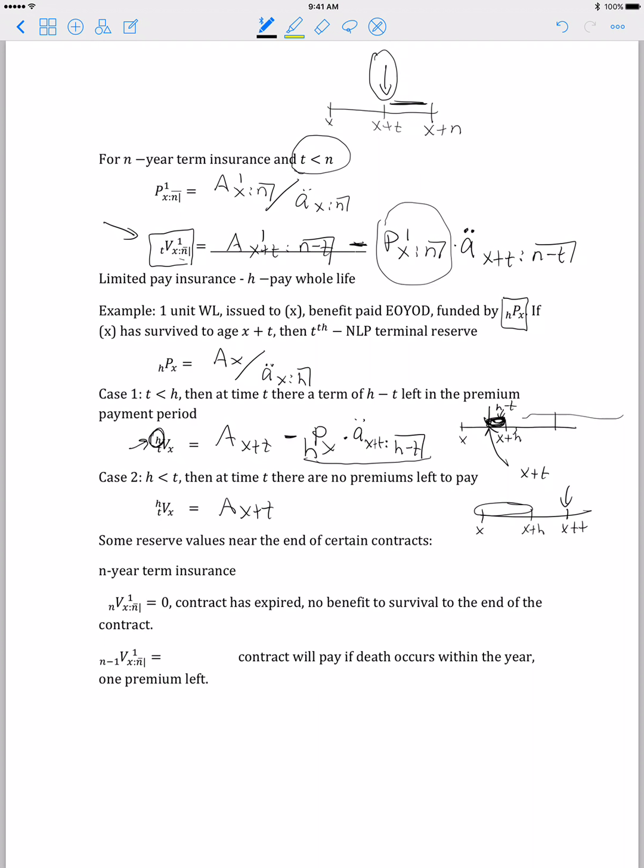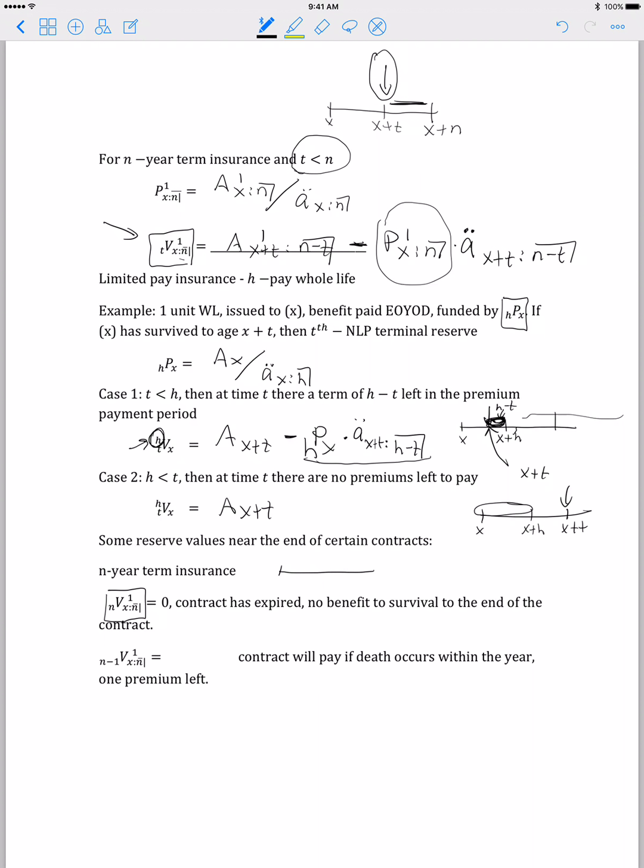Okay, well sometimes it's useful, especially when one is first learning about reserves, to calculate them near the end of certain contracts, and that seems to bring to light, maybe a little more clearly, what we mean by the liability at a certain time. So for example, if we have in-year term insurance, this symbol tells me I want the terminal reserve in years after issue on an in-year term insurance contract.